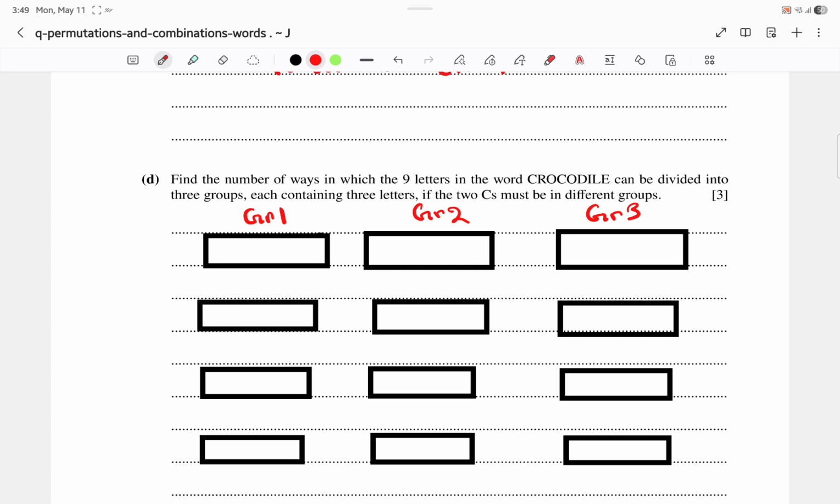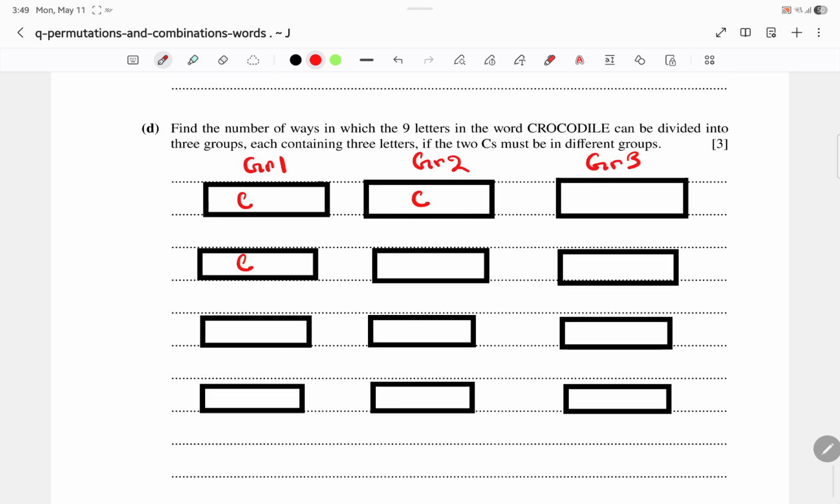So let's say that in group 1 we have one C, and in group 2 we have another C. Or we can have one C here and one C there as well. Actually, it doesn't matter which way the C's are, since arrangement doesn't matter, right? So if it doesn't matter with C, what about O? It does matter with O, because O's condition is not here, so it can be anywhere.